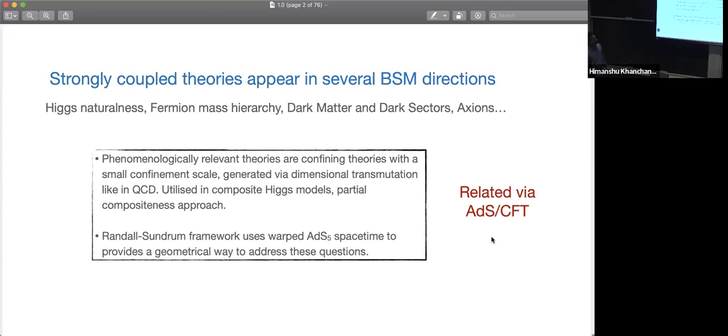This is generated via dimensional transmutation like QCD. This, for example, is utilized in composite models, partial compositeness, and all that, right? And this whole framework is related via AdS/CFT, the bottom of holography, to the RS framework, which uses warped anti-de Sitter space in 5 space-time dimensions to provide a geometrical way to understand these questions.